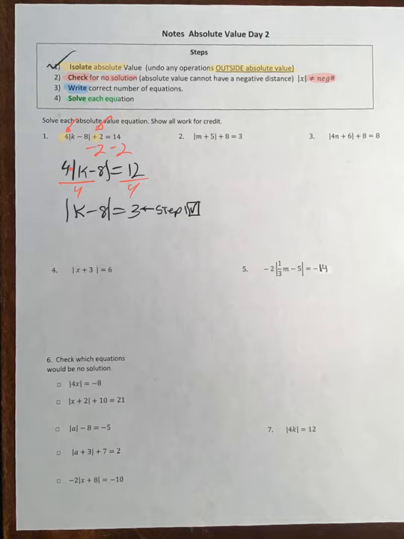So we finally undid everything that was on the outside of the absolute value so that we had just the absolute value. Then we want to make sure that the distance is not negative. The distance is a positive 3, which means we want what's inside the absolute value to be 3 units from 0, right?